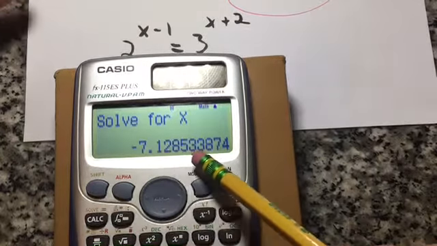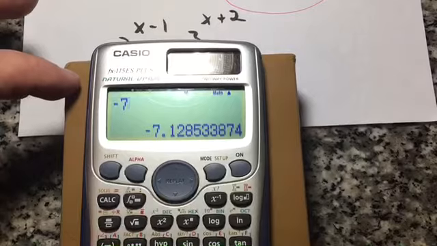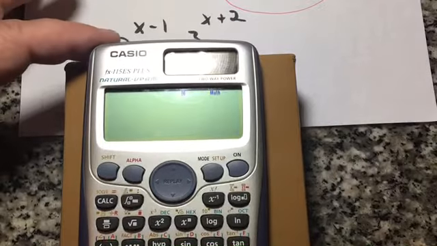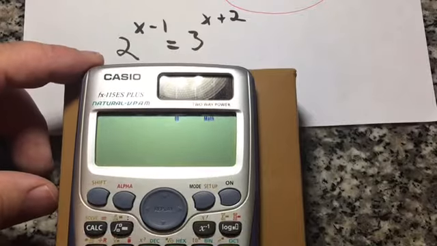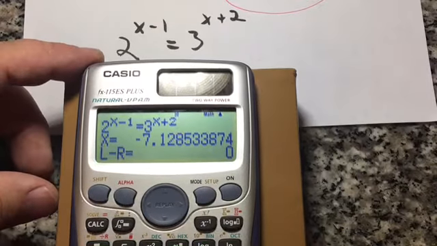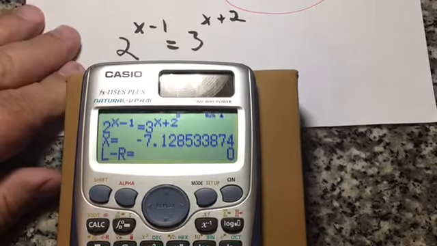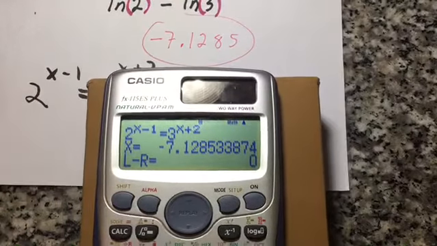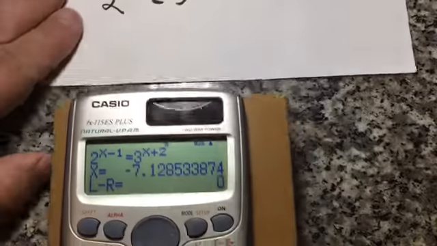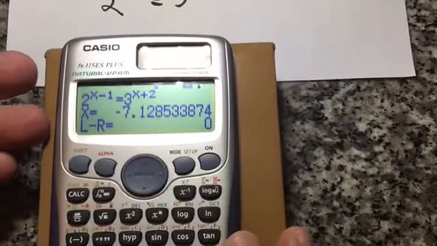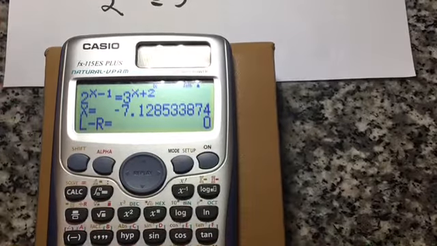And I'm going to guess a -7. And now it's going to take a while. And it's thinking. And there it is. It gets the same answer that I got when I did all the work. So there's another method. But you have to be really patient. You have to be really accurate.